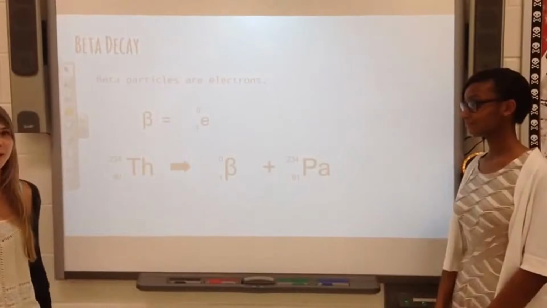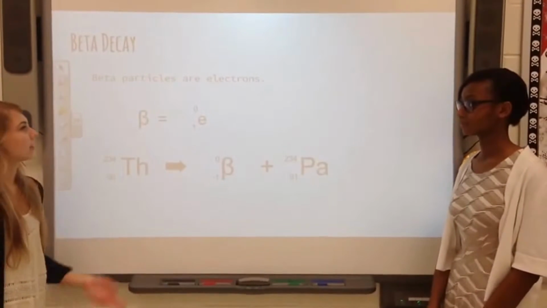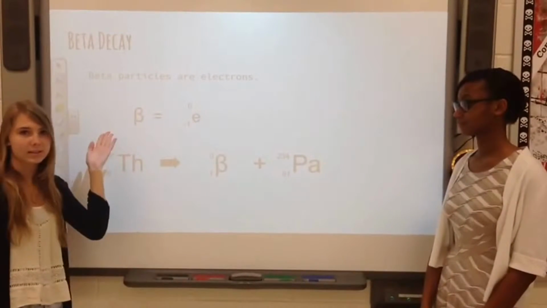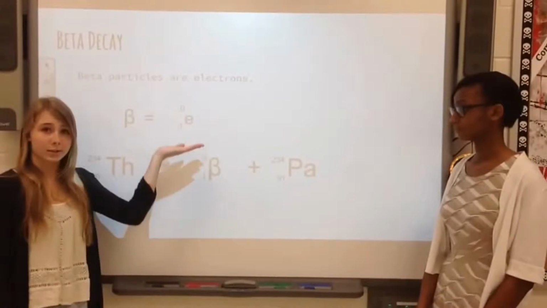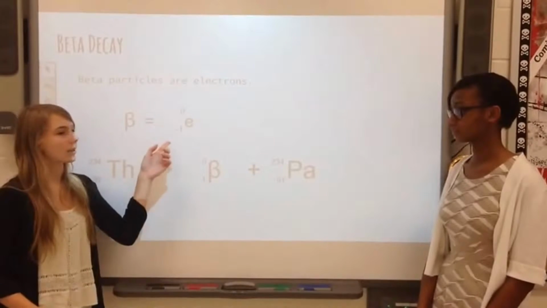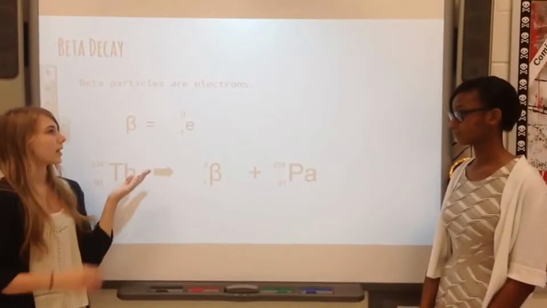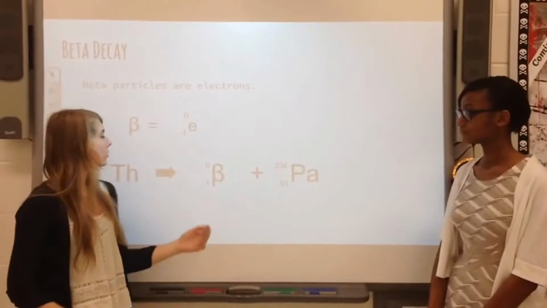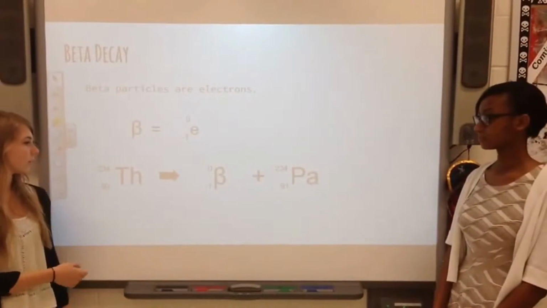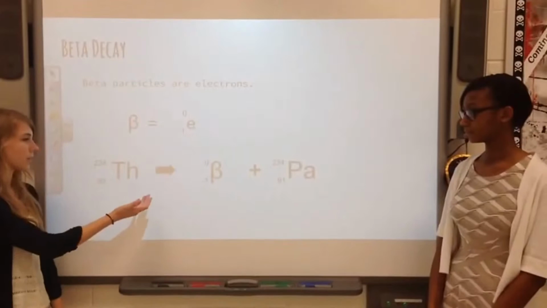So the next form of decay is beta decay, and its symbol is the Greek letter beta. This involves electrons, and electrons have no mass, so this number is 0 and this is -1, because they have obviously a negative charge. So again, all of these numbers have to equal the numbers on the left.